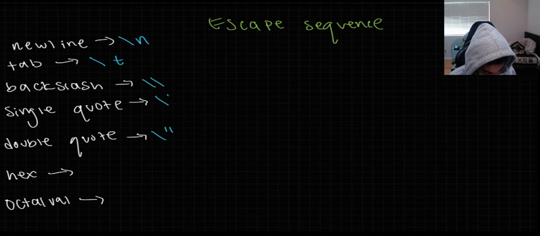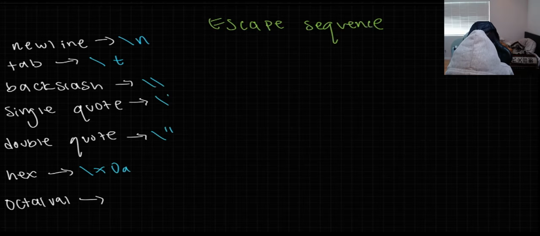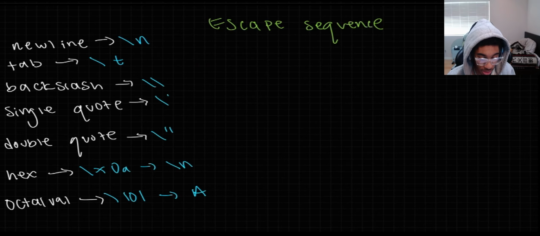And then for the hex values, it's the backslash, and then you start it with an x, and then the character code for it. And this would give us a new line. So this is the same as \n. And then for octals, it's the backslash, and then the octal number. So let's do 101, and this will give us the character A. These are literals in C++, simple explanation, and let's go to the next topic.